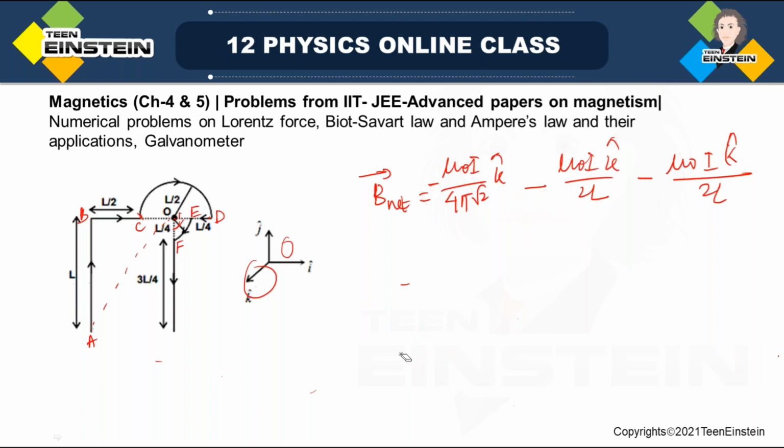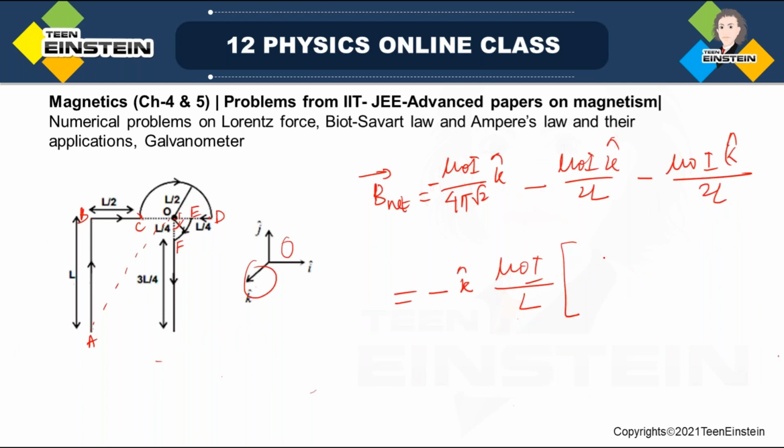When you are solving advanced questions, you must remember the formulas, because you cannot just derive them. Let me take this common, μ0 I by L, let us take this common.